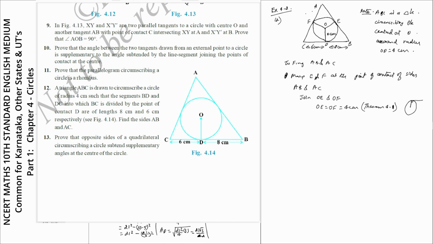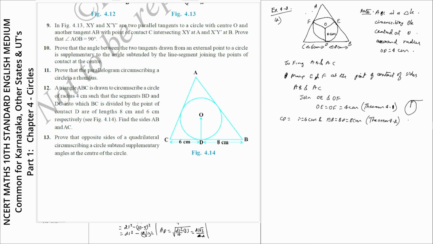Now you can see that CF is equal to 6 centimeter. CF will be equal to CD. So CD is equal to CF is equal to 6 centimeter, and EB is equal to BD is equal to 8 centimeter according to theorem number 4.2.